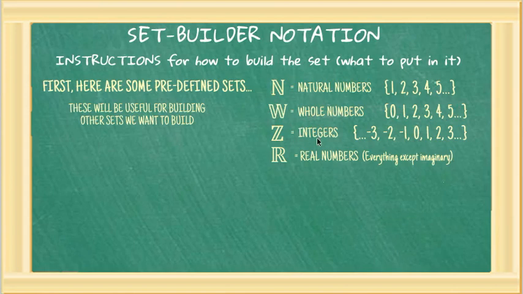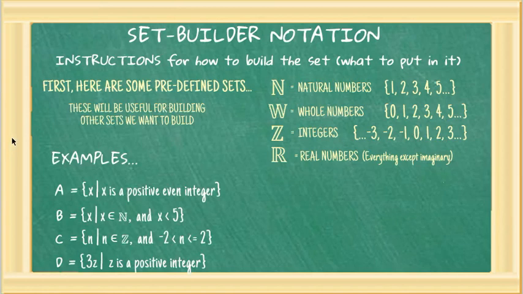More interesting is the integers. That's got this weird Z. Not sure where they came up with Z, but integers has the 0, 1, 2, 3 on the right, but it also goes negative 1, 2, 3, dot, dot, dot. Okay, and the R for the real numbers is basically every fraction, every decimal, all the counting numbers, etc. So that's the symbol for real numbers. So get familiar with these because you'll see these in the exercises.